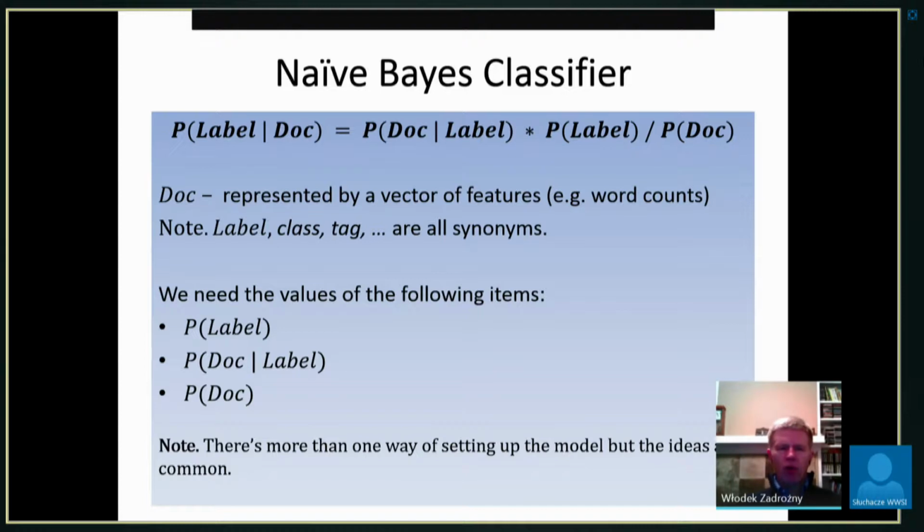There is more than one way of creating a naive Bayes classifier, but the ideas that we're going to be discussing are general, and the main idea of making the independence assumption is common to all these ways of naive Bayes classification. So let's just go through it using an example of how this can be done.